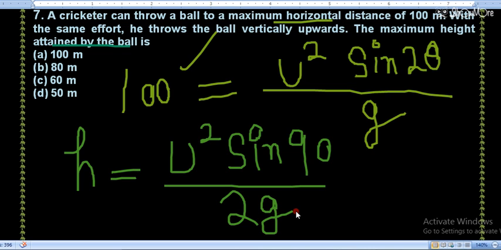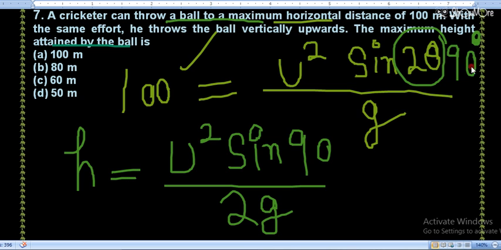And if you know this, what is it for the maximum horizontal distance? Students, for the maximum horizontal distance, theta will be equal to 45 degree. So 45 into 2, this whole term will be equal to 90 degree, because for the maximum range theta should be equal to 45 degree.